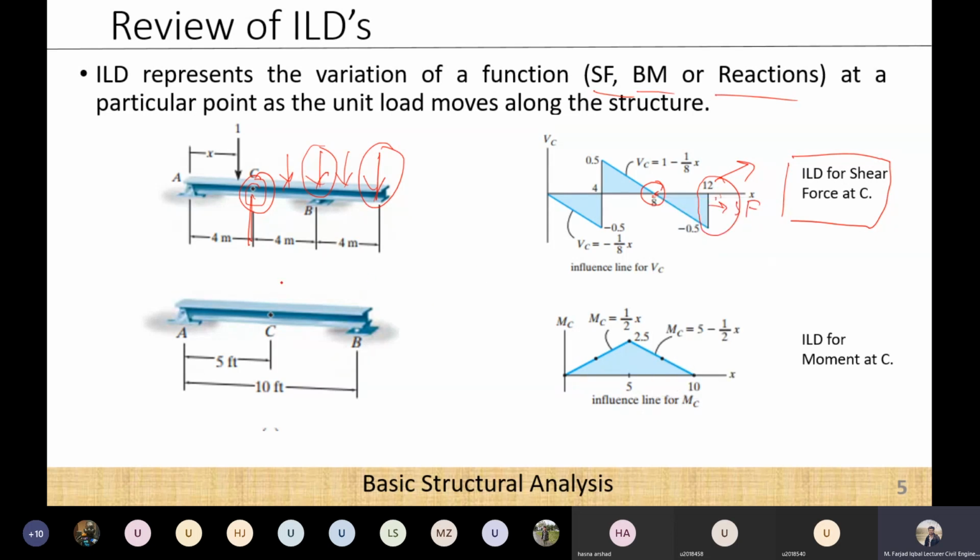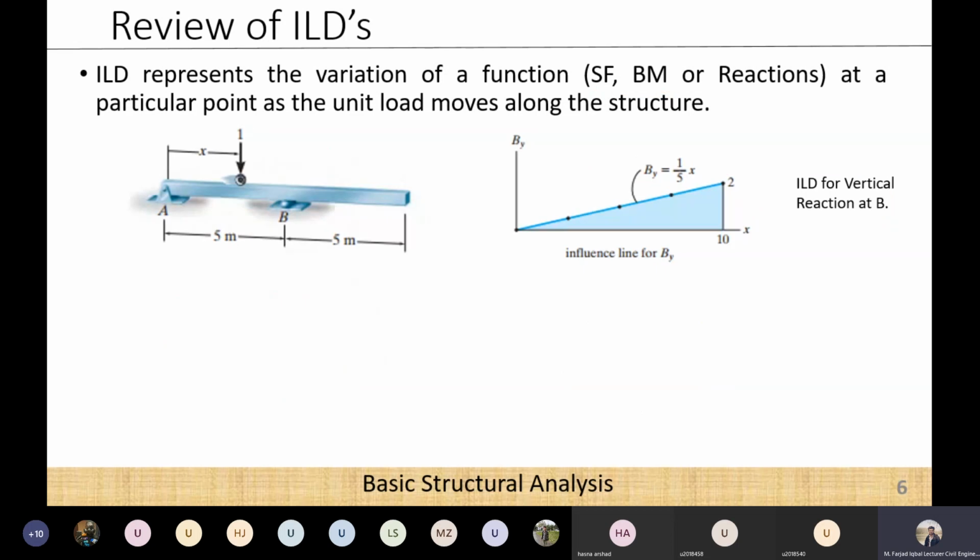Similarly, if I want to plot the ILDs for the bending moment at point C, I will do the same thing. I will move the point load or the unit load over the entire length of the beam, and we'll calculate the value of bending moment at this point, and I will represent this graphically. And for the reaction, it's the same thing.